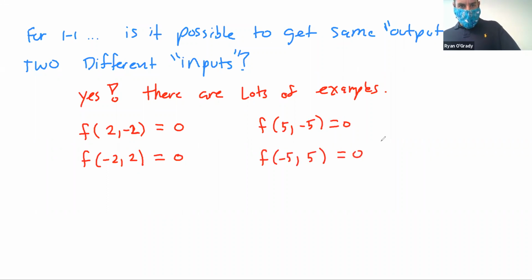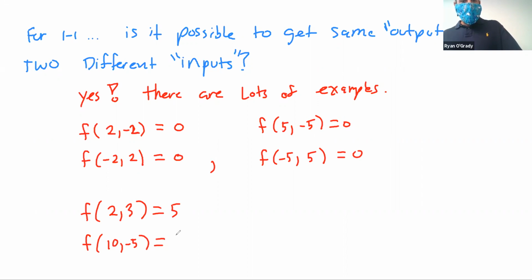I mean, I can beat this dead horse all day. f of (2, 3) equals 5. f of (10, -5) equals 5, etc. There are lots of examples where two different inputs give the same output.